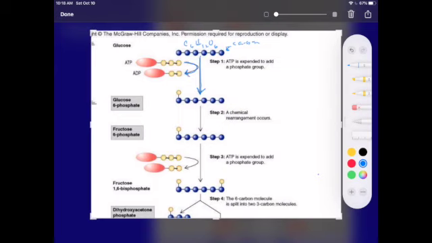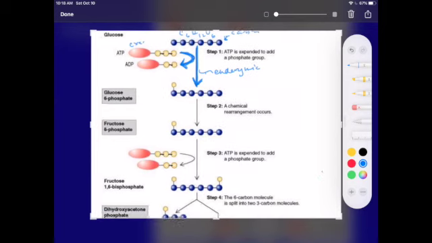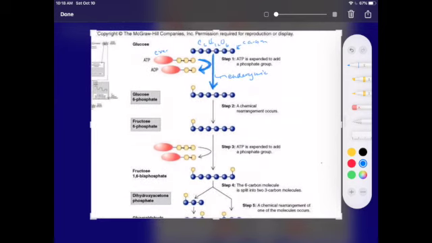So this one is exergonic and releases energy, and that energy is used because it's coupled here to power this one. So this one must be an endergonic reaction because this one over here is exergonic. And that initial phosphate group goes right here.